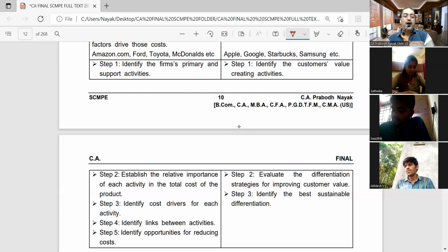The managers who do value chain analysis must look into how the work is done to deliver customer value.